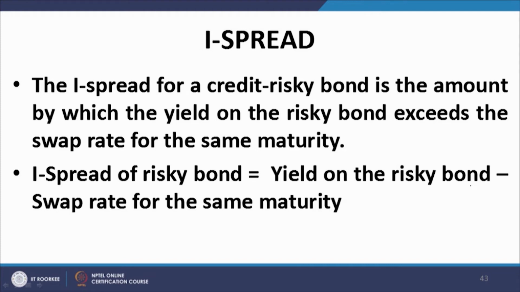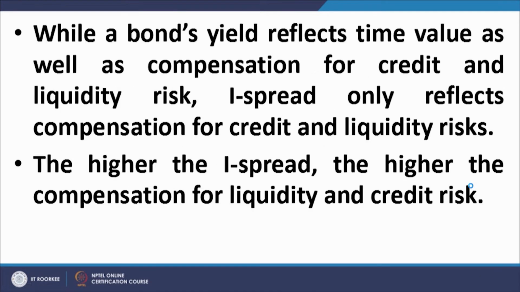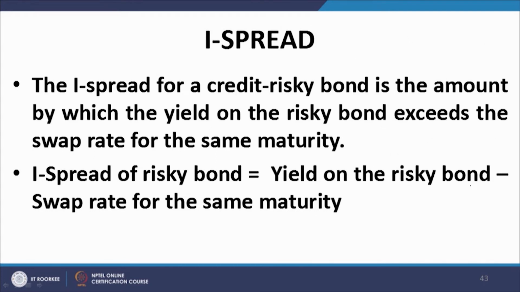So, I spread of a risky bond is equal to yield on the risky bond minus swap rate for the same maturity. While a bond yield reflects time value of money as well as compensation for credit and liquidity risk, the I spread reflects only what? The time value is eliminated by deducting the yield on the government bond.